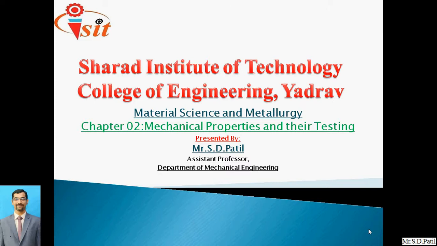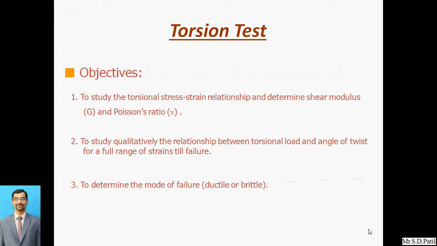In today's lecture we will go with our new testing method, that is the torsion test. Why is the torsion test carried out, and what is the meaning of torsion? Before knowing about this test, you should first know the meaning of torque.